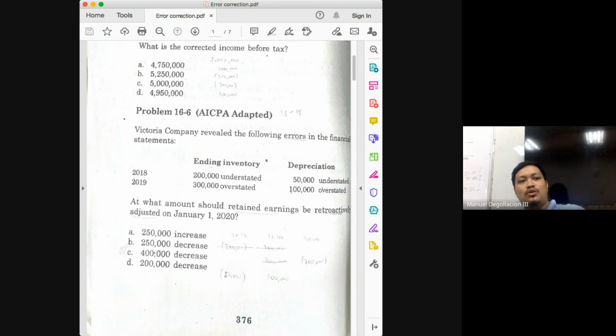Retained earnings would also be understated by 150,000. Okay? And how do we correct that understatement? Increase retained earnings or net income by 150,000. Is that in the choices, class? No, because what is being asked is cumulative up to 2020.